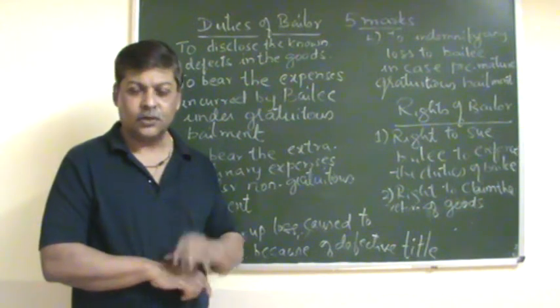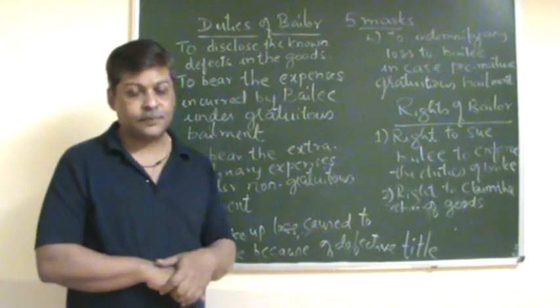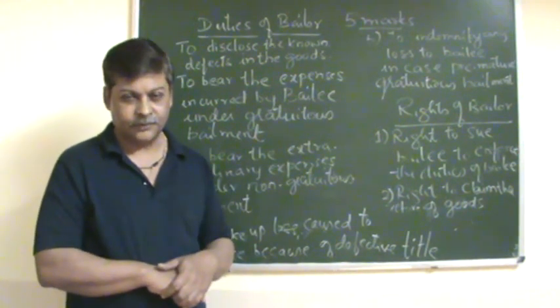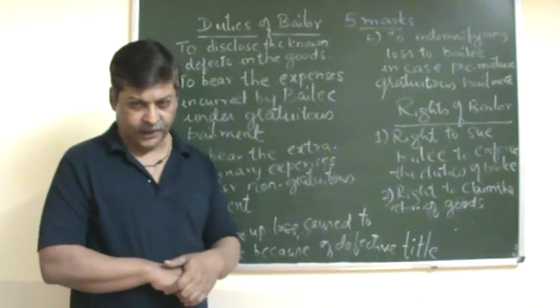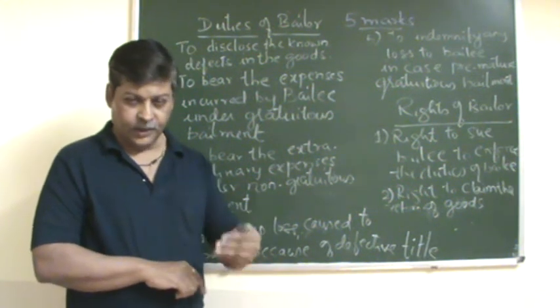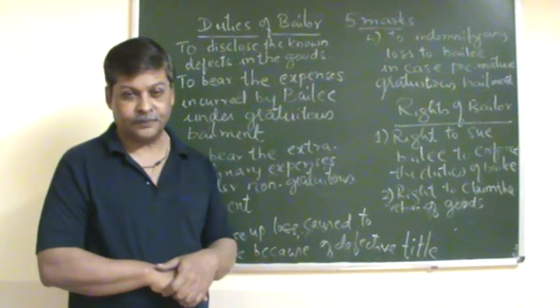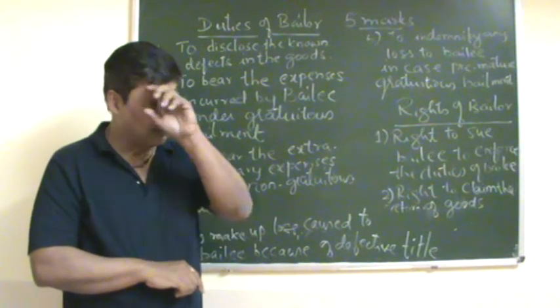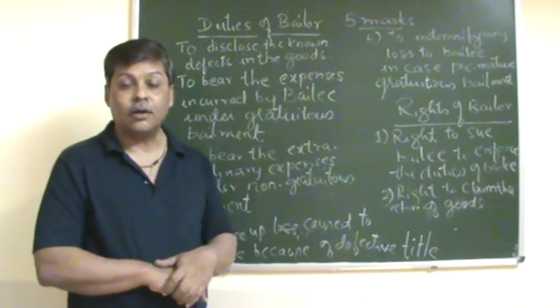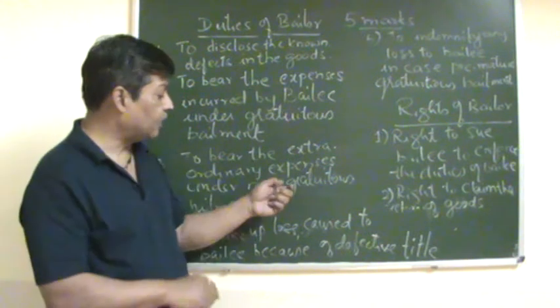If it is a non-gratuitous bailment, and any extraordinary expenses are incurred, that is, in the bailment the bailee incurs certain extraordinary expenses, then the bailor must see that those expenses are paid, to make up that loss.